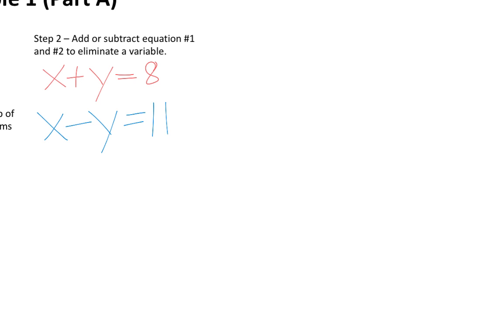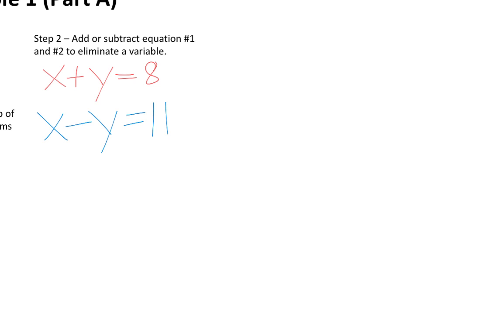In the instructions, it says we can add or subtract these equations, so the choice is yours. However, we want to eliminate a variable. Therefore, there's only going to be one correct way of doing this. However, I'm going to show you both.